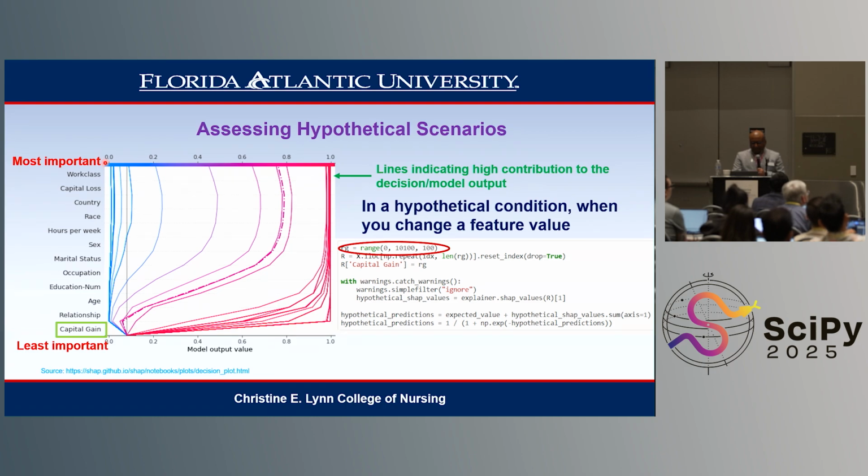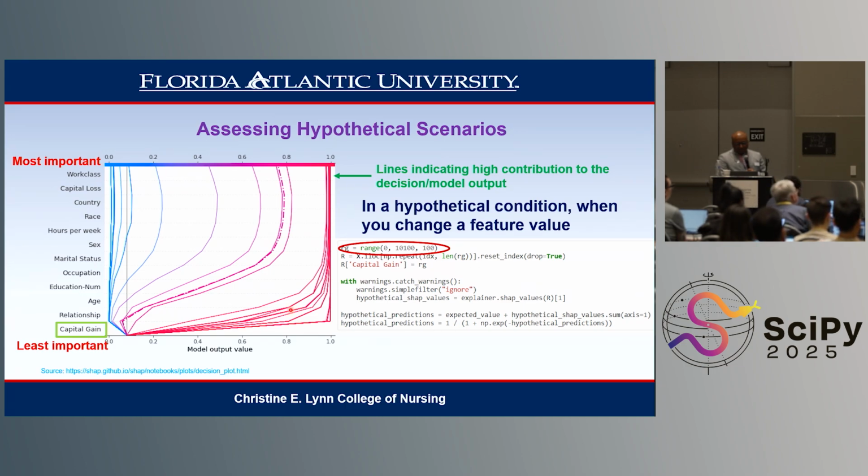Here is a hypothetical scenario, for understanding where the model would give erroneous results under unnatural situations. For example, we created hypothetical values here. We change the value, then calculate the SHAP value for the new range of values for capital gains.